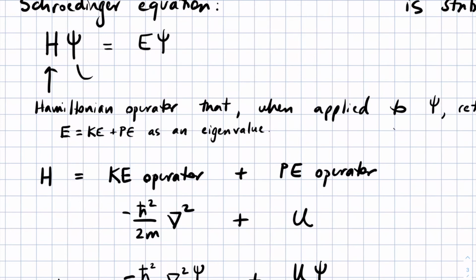You've got to find something here that when you apply the Hamiltonian to it gives you energy as an eigenvalue and spits back out the wave function. And if we can identify what that wave function is, then we can calculate anything that's possible to know about that particle.